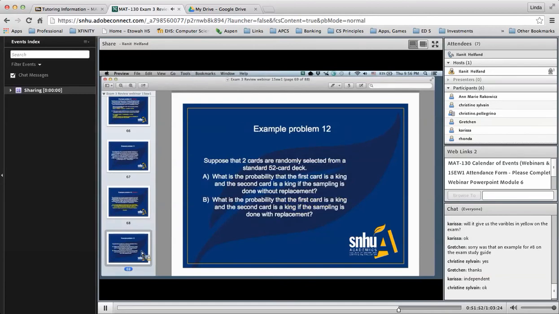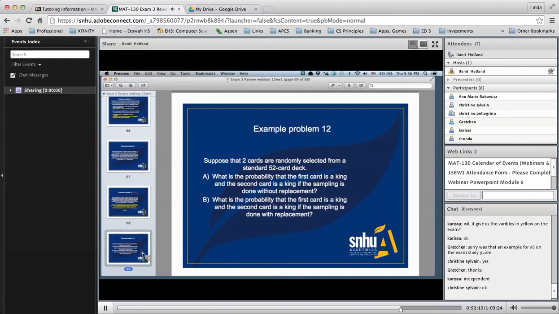Okay, problem 12. Suppose that two cards are randomly selected from a standard 52 card deck. What is the probability that the first card is a king and the second card is a king if the sampling is done without replacement?